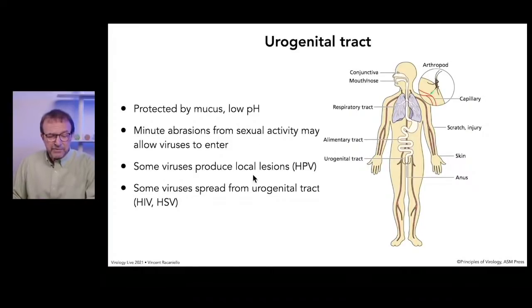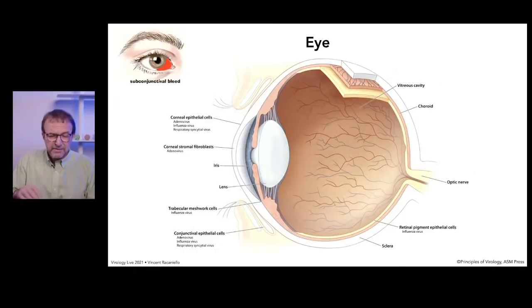Some viruses produce local lesions like warts, human papillomaviruses, and of certain types of human papillomaviruses, the warts can proceed to cancers, as we'll talk about later. And other viruses enter in the urogenital tract and spread elsewhere, like HIV and herpes simplex viruses. So another portal of entry, and we'll talk about that when we talk about some of these specific viruses.